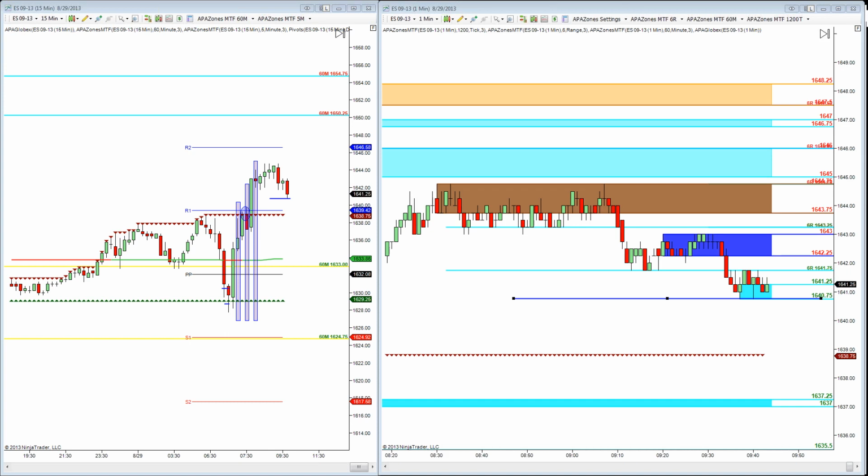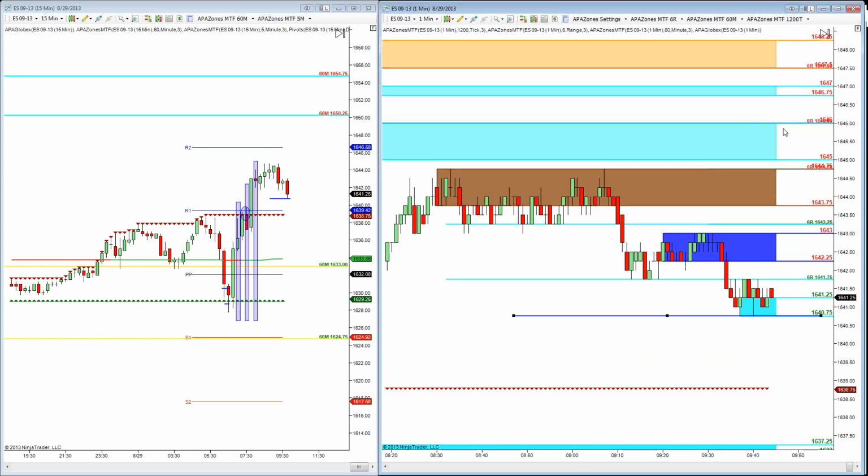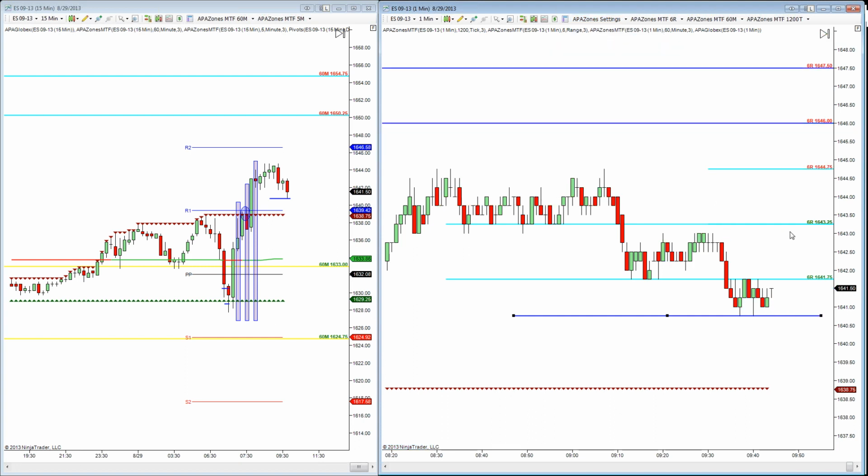Alright, so now that we've had all the zones back on our chart and the 6 range zones are there, you can see this is a zone in green, right?